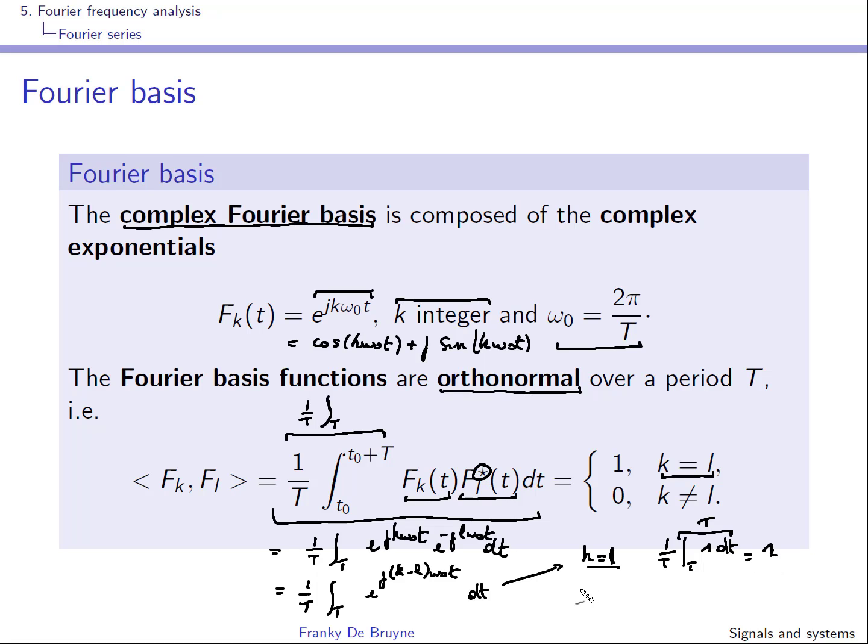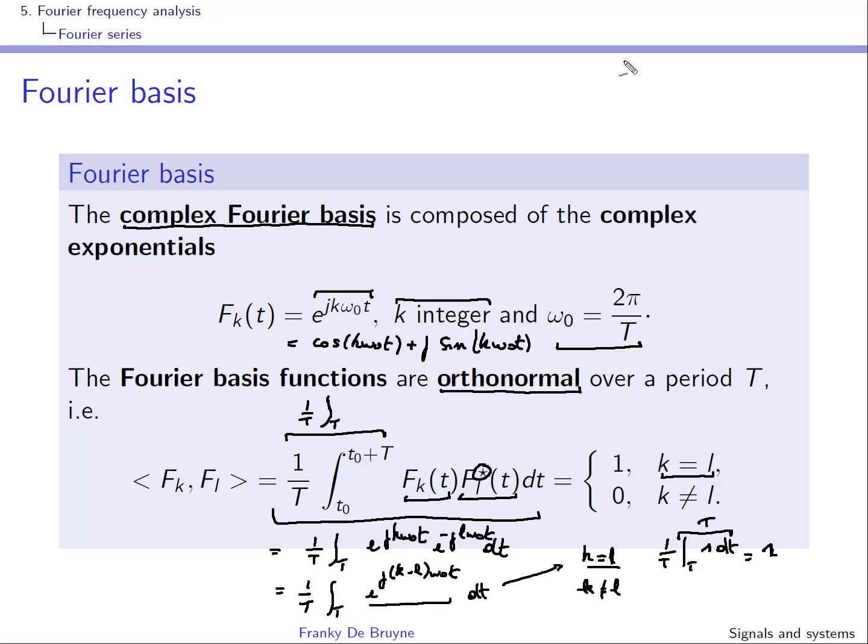Okay, and when k is different from l, well, then you have this expression over here. But when k is different from l, then you'll have sines and cosines.